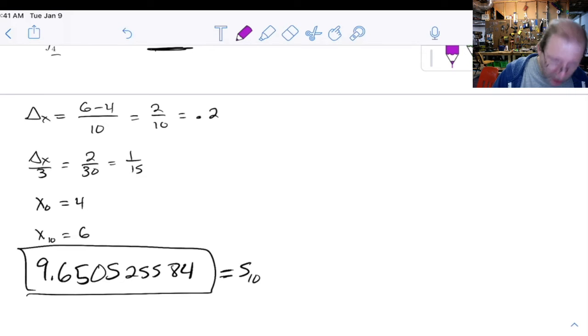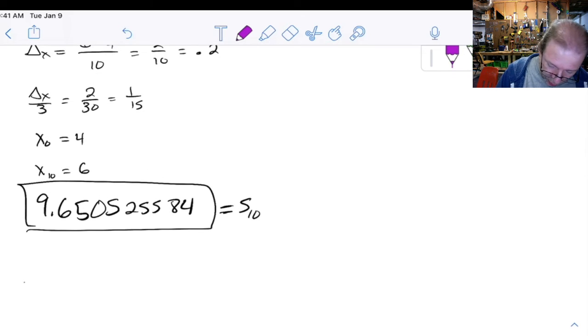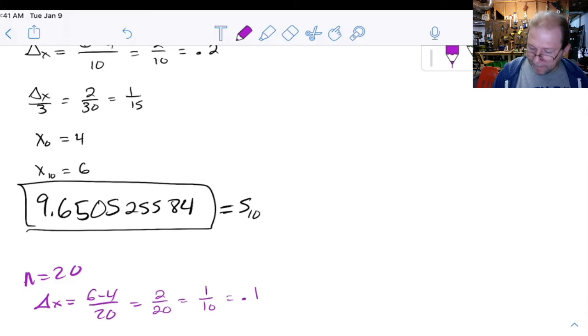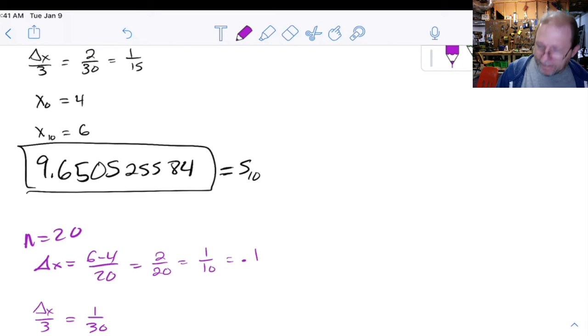Let's see, with 20, our delta x is going to be 6 minus 4 over 20. So that's 2 over 20, or 1/10, or 0.1. And our delta x over 3 is going to be 1 over 30. So let's just go back to the spreadsheet and put this in again.